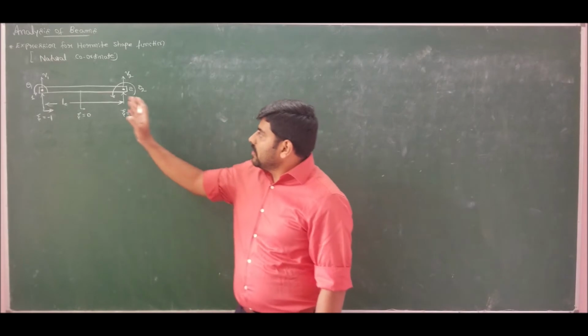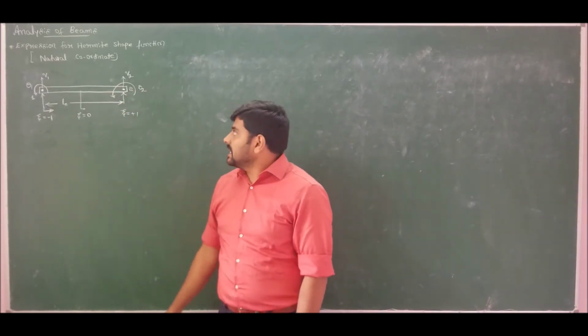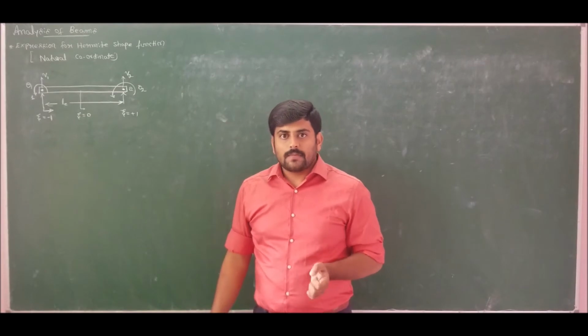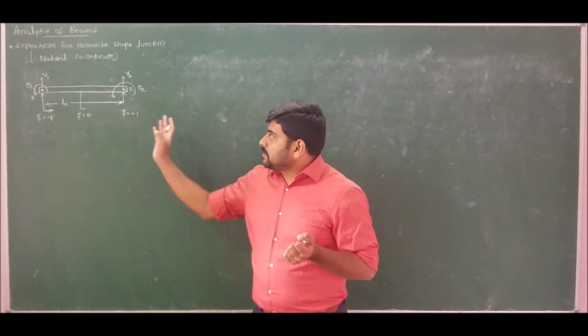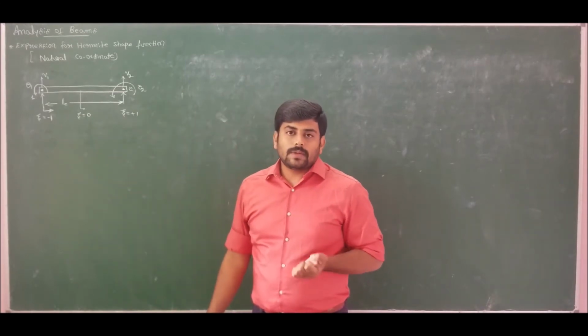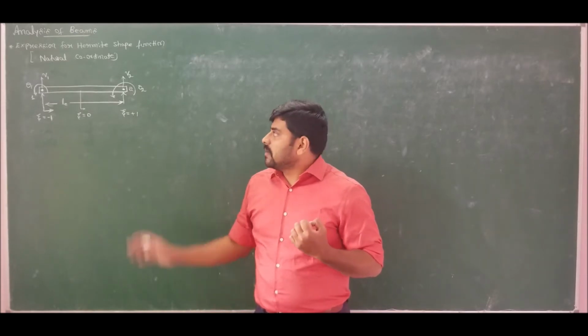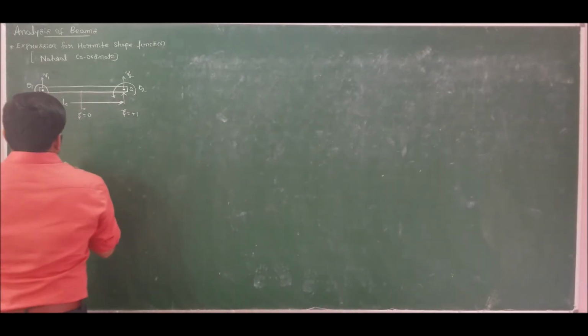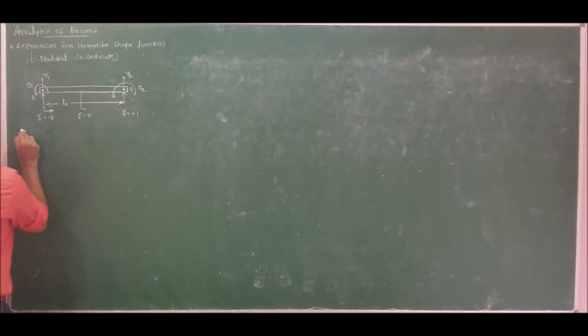So since totally we have 4 quantities v1, θ1, v2, θ2, hence I should assume the interpolation function or the displacement itself as a polynomial equation with minimum of 4 constants. So therefore, in general we already know that the global deflection V is equal to shape function into nodal displacements.